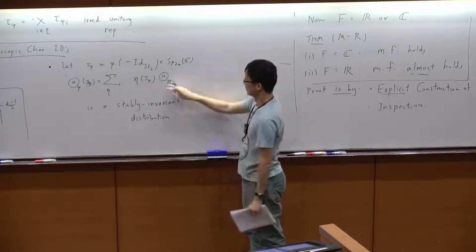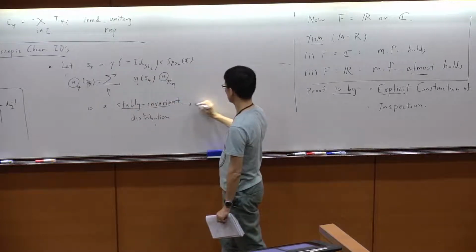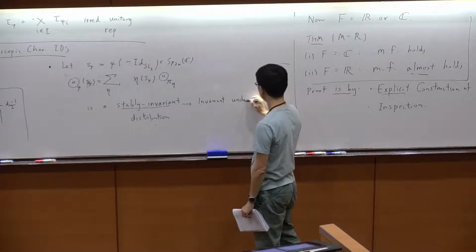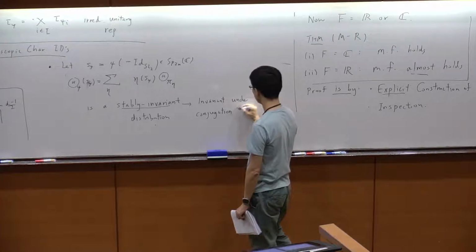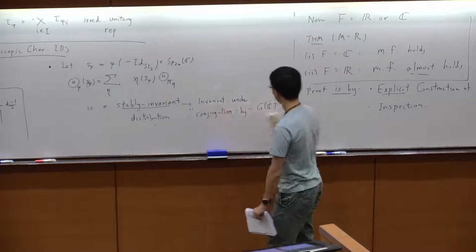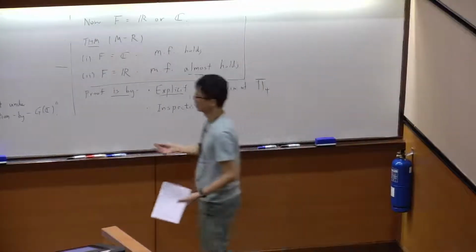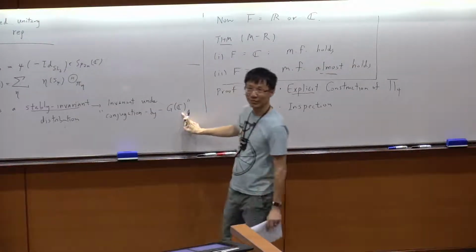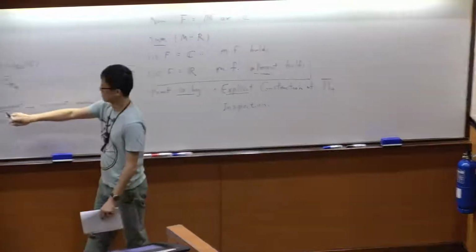When you add them up, what does stably invariant mean? It means that it is fixed under conjugation by the group over the algebraic closure. Of course, character distributions are invariant under conjugation by G of R, but I want them to have more invariance.